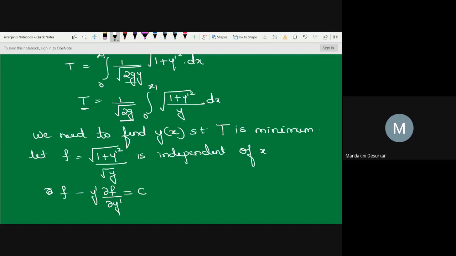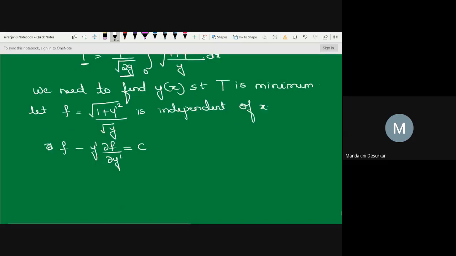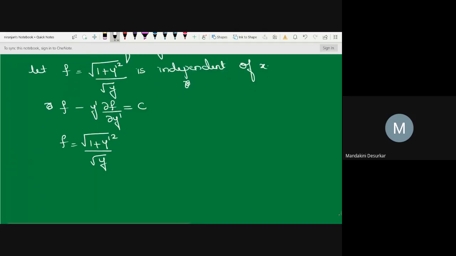Now I need to find the value of f. f is equal to root of 1 plus y dash square over root of y. What is dou f by dou y dash then? It is partial.